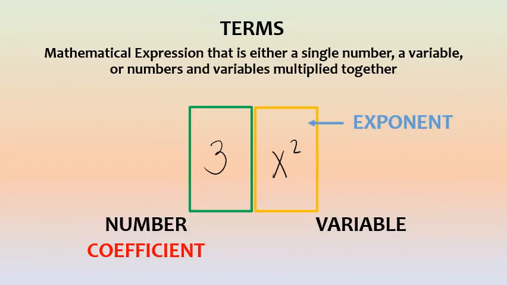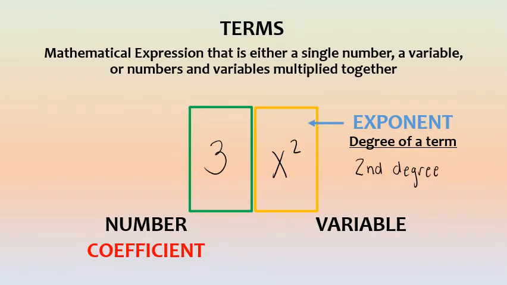So our exponent is positive 2. And in talking about terms, our exponent is also the degree of the term that we have. So for this example, we have 3x squared. We can say that the degree of term that we have, 3x squared, is second degree, since its exponent is 2.